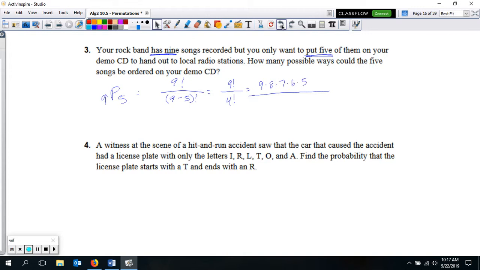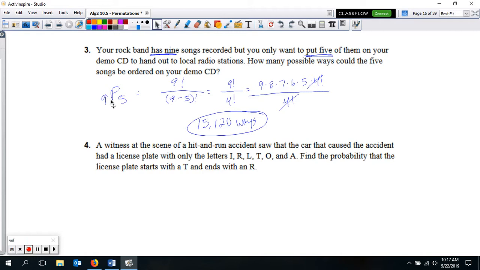You just keep going until you get to 4 factorial, and then you stop, and then you can write the 4 factorial on the bottom and cross those out. So now all that's left is to multiply 9 times 8 times 7 times 6 times 5, and that would give you your answer here. It should be 15,120 ways to do that.